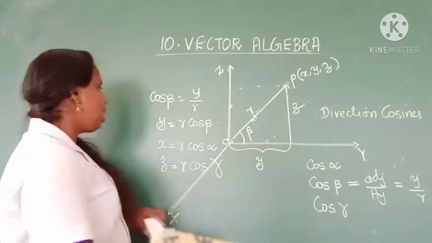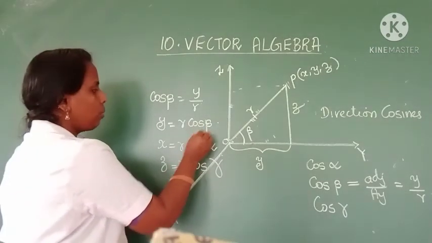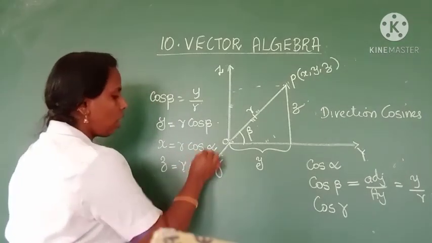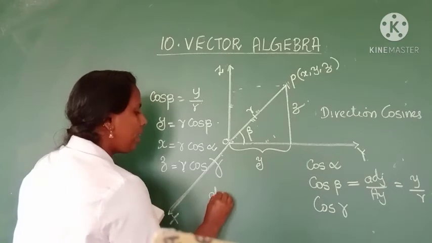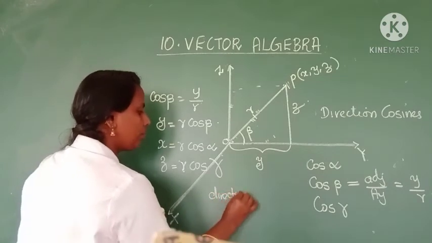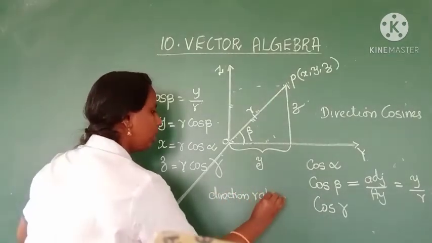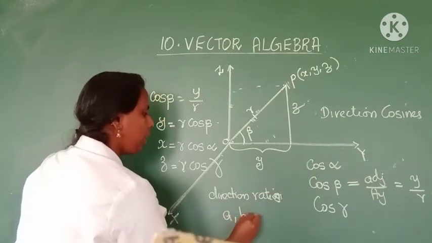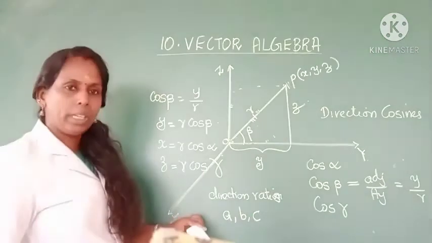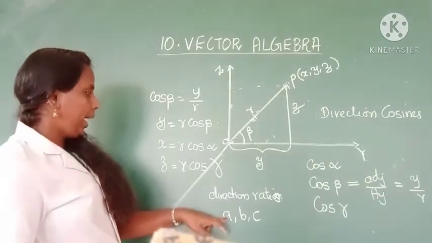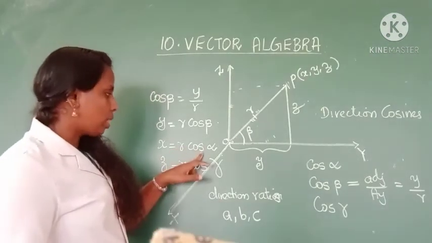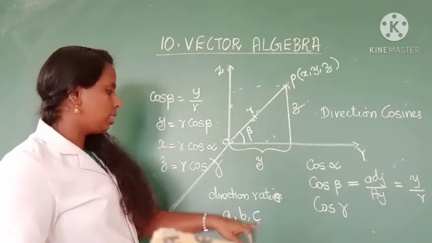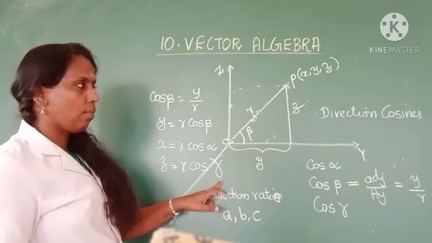All these are called direction ratios, and they are represented by a, b, c respectively. That is, a is r cos alpha, b is r cos beta, c is r cos gamma.